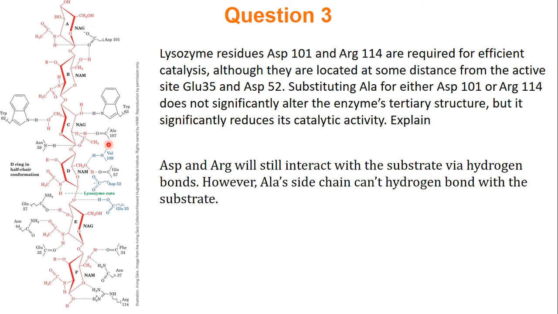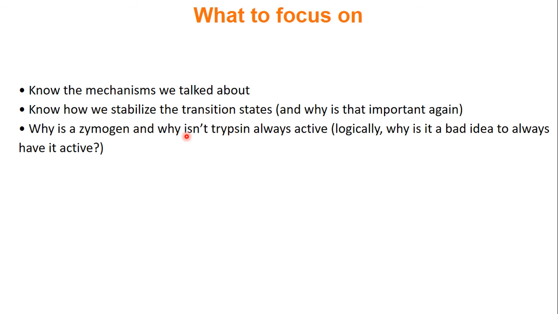With alanine, the side chain is just a CH3, so it can't hydrogen bond, so it's really not going to interact with either A or F. That means that the sugar is not going to fit as snugly in the binding pocket as it does with ASP and ARG. Since it's not binding as snugly, the distance between our catalytic residues could change, and it does change, and we see that slowing down of our rate.